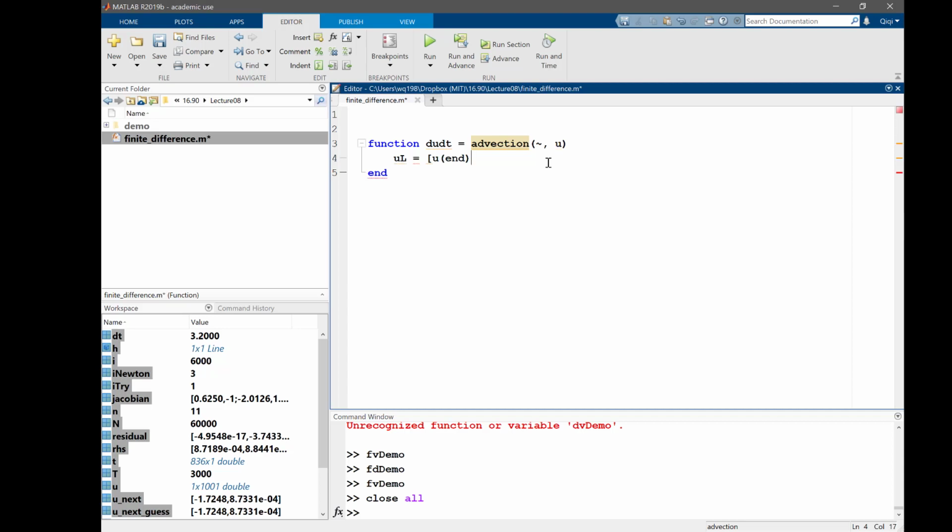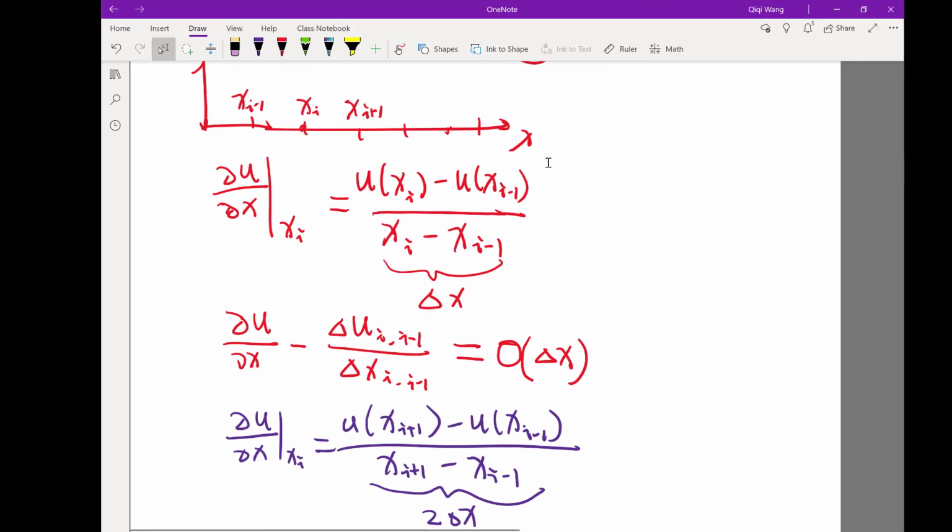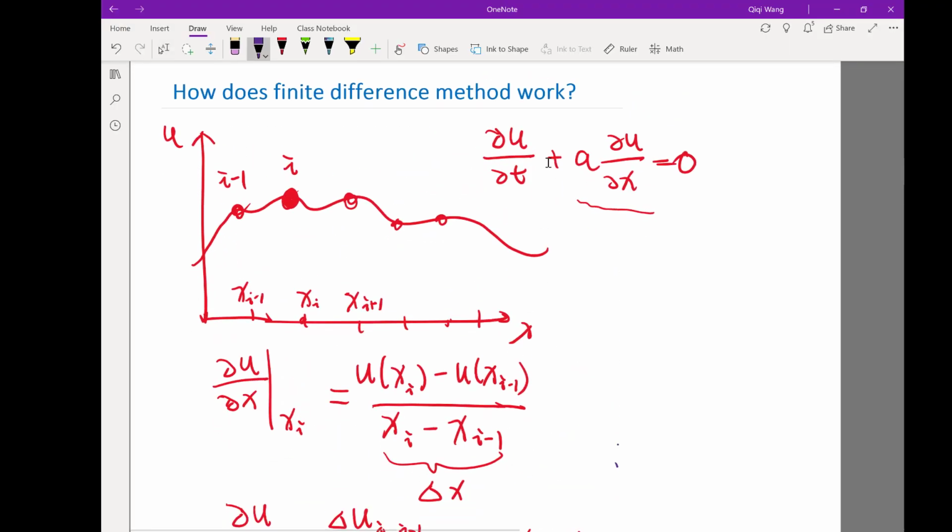I'm at the very left. So if I have a bunch of grid points, and I'm at the very left, my left neighbor actually wraps around. It's the very last point I have here, right? So remember, this point is the same as this point. So this point to the left is the very end of the solution array. Got it? Okay.